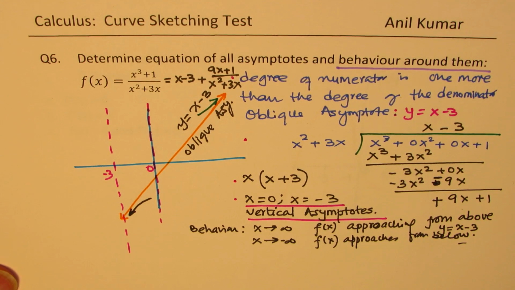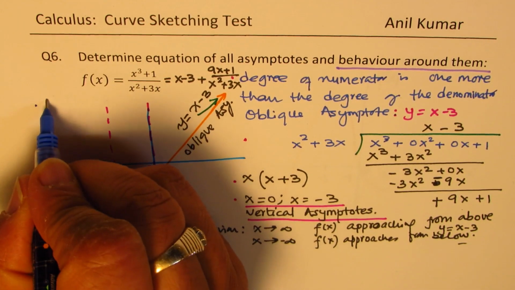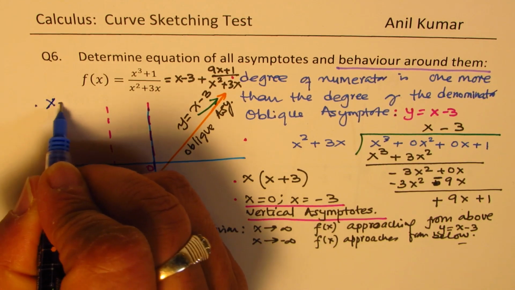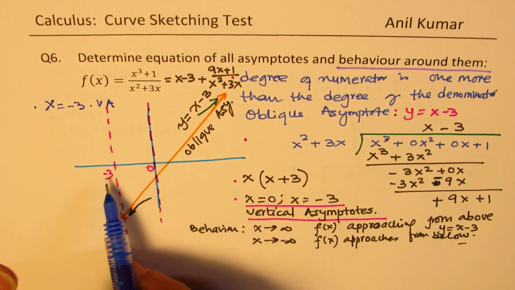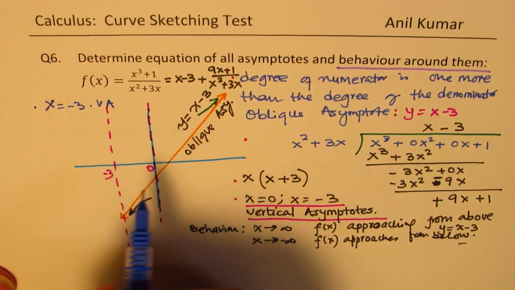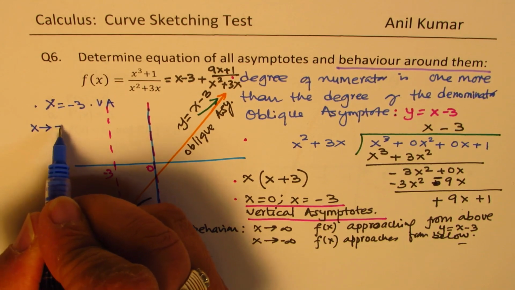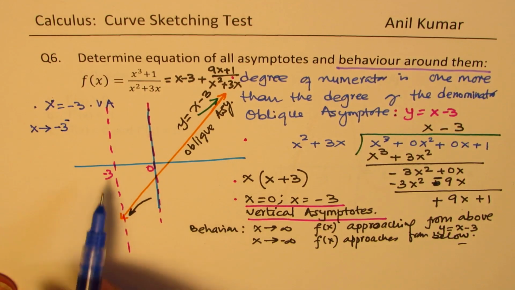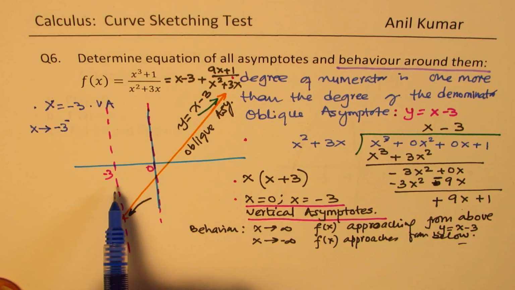Perfect. Now let's talk about the vertical asymptotes, right? So let's look at x equals minus 3. That is a vertical asymptote, correct? Now in this vertical asymptote, when x is approaching minus 3 from the left side, what happens?